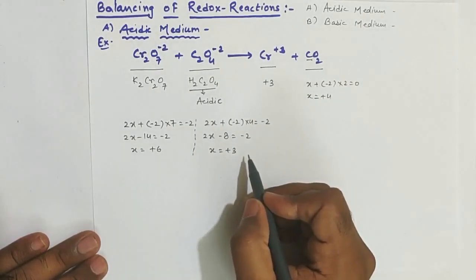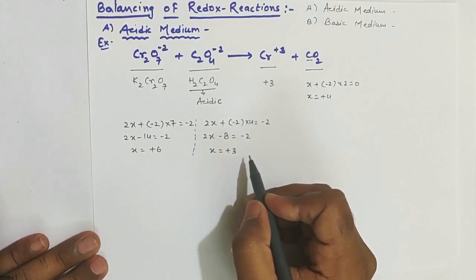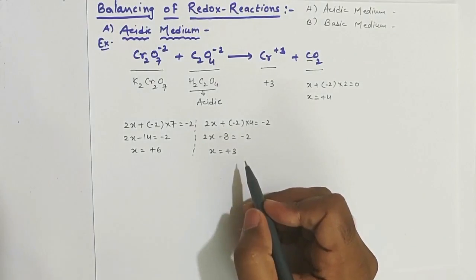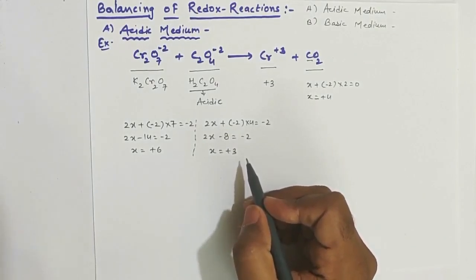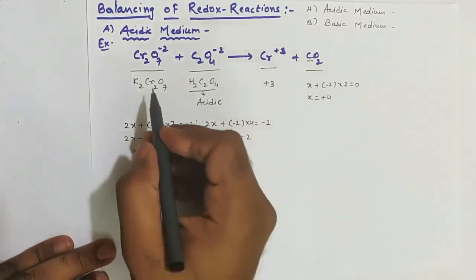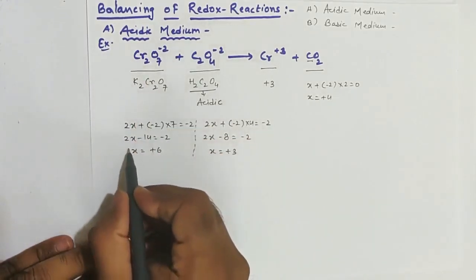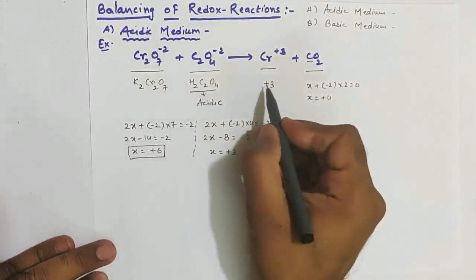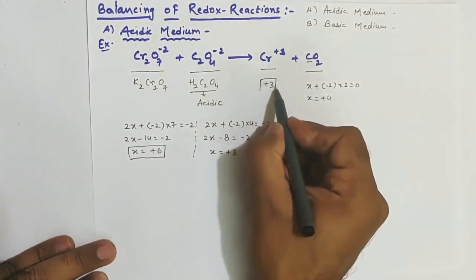Now let's differentiate oxidation and reduction process. In oxidation process, there will be an increase in oxidation number, and in reduction process, there will be a decrease in oxidation number. As we can see, chromium is present at +6 oxidation state on the reactant side, and at the product side, chromium is present at +3 oxidation state.